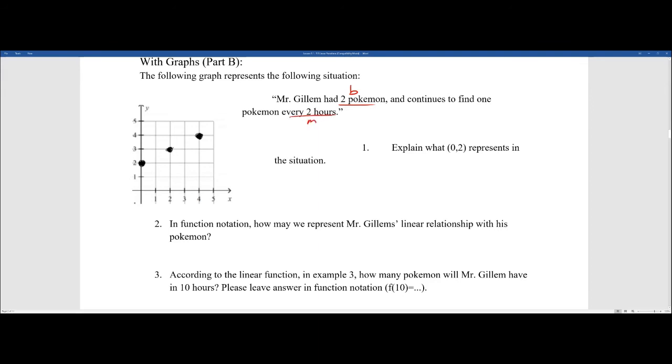This is actually what we call our rate of change. So let's double check. Number 1, explain what 0, comma 2 represents. And again, I kind of just did. This is how many Pokemon Mr. Gillum starts with.